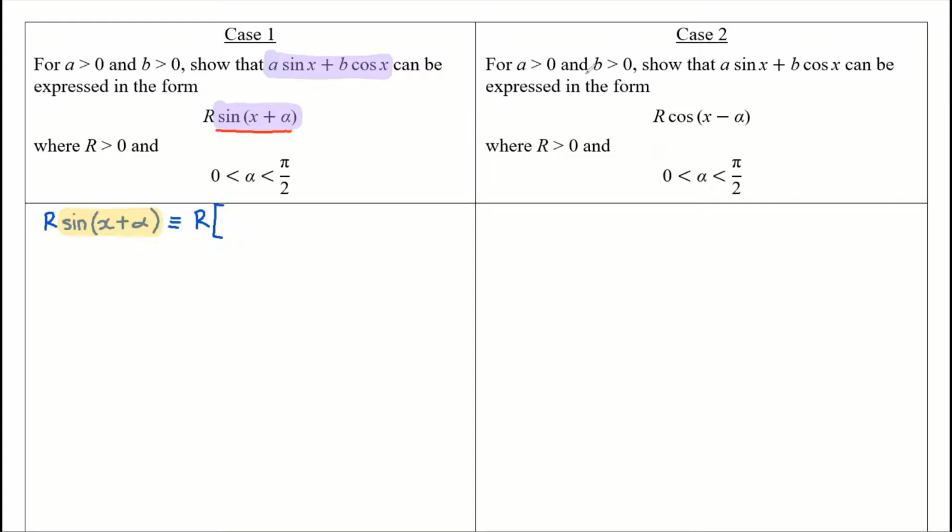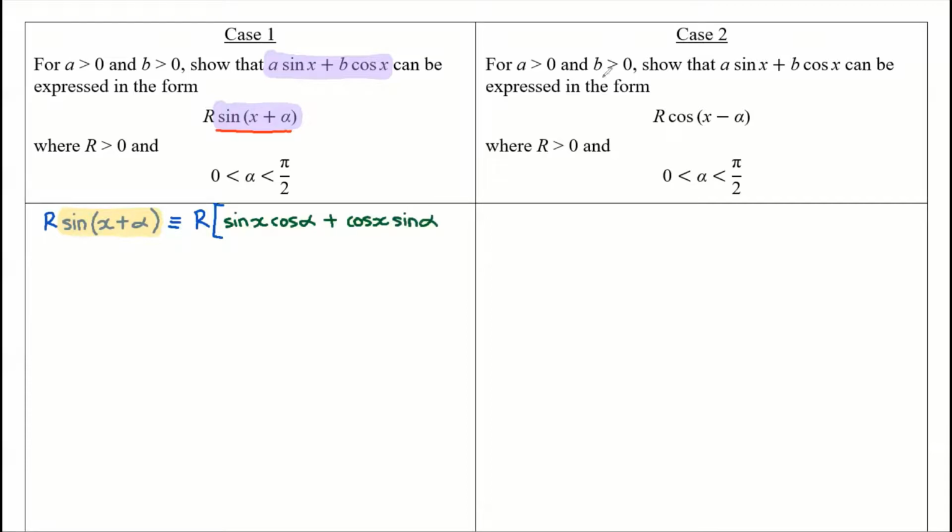I won't write the whole identity out, but I'll just write out the right-hand side because that's the bit we're using. So it's going to be the sine of x multiplied by the cosine of alpha plus the cosine of x multiplied by the sine of alpha.